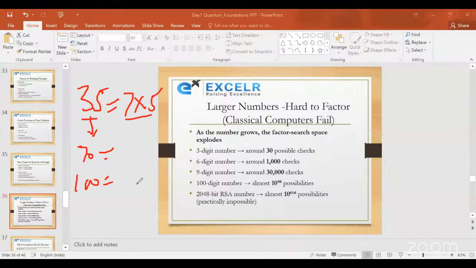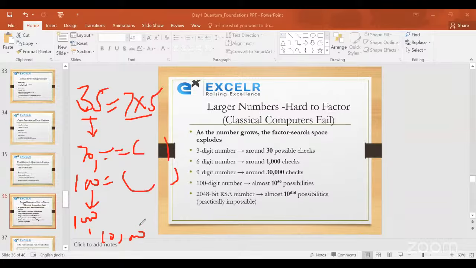But as we are increasing the magnitude of this number from 35 to 100 to 1000 to 10,000, like this, we will get involved in complexity issues from the point of view of classical computers. Factoring 70 is very easy, 100 is very easy.